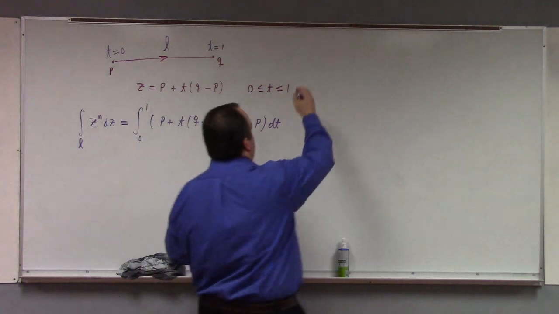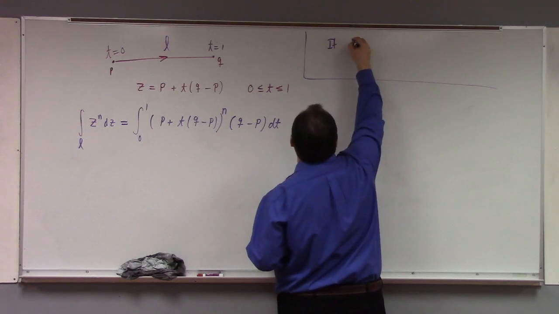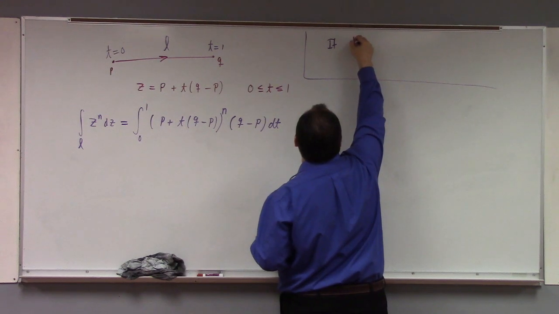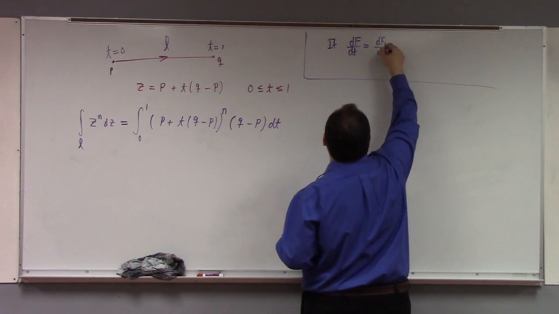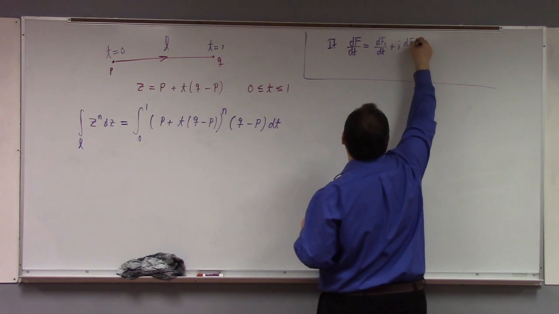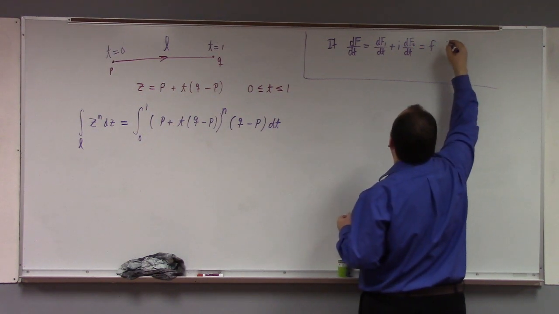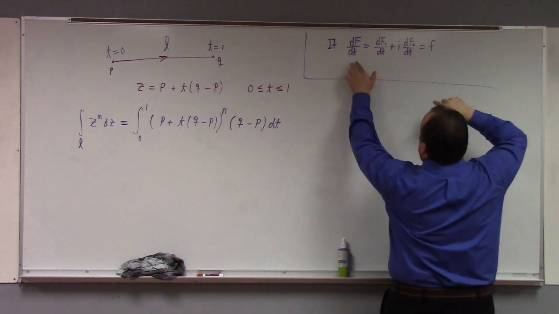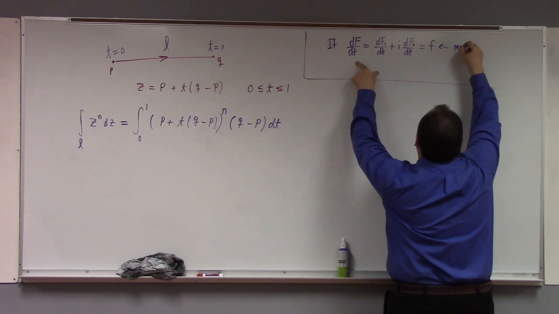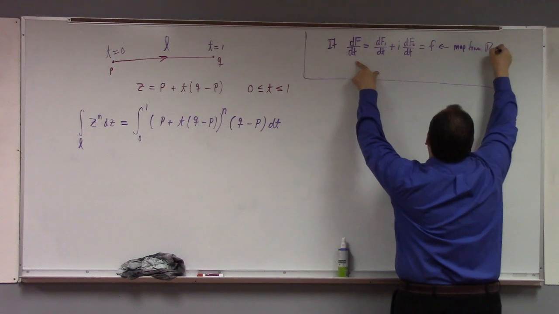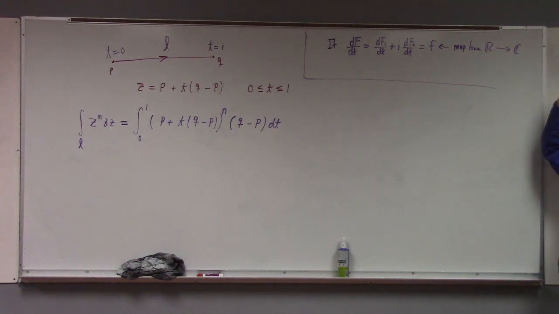It is true here that if you have df/dt equal to df1/dt plus i df2/dt, this is a map from the reals to the complexes, a complex valued function of a real variable.